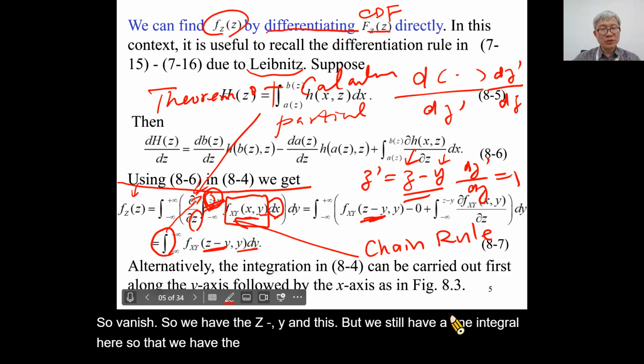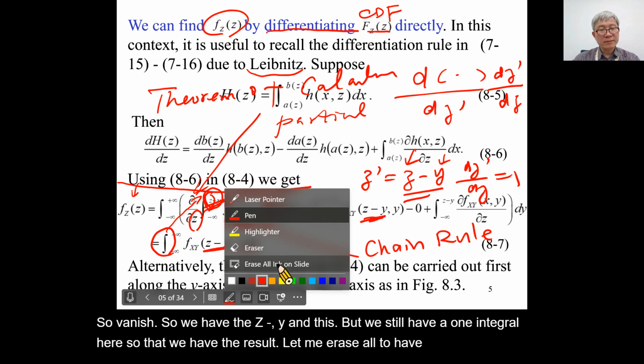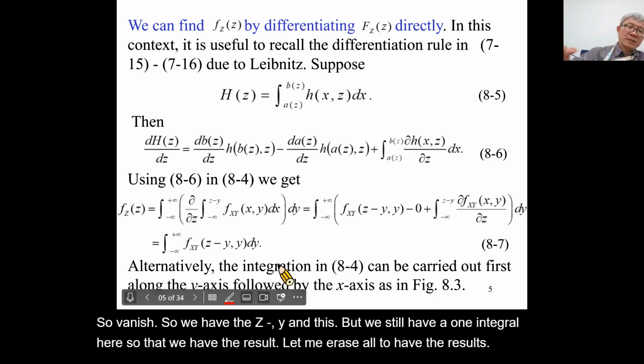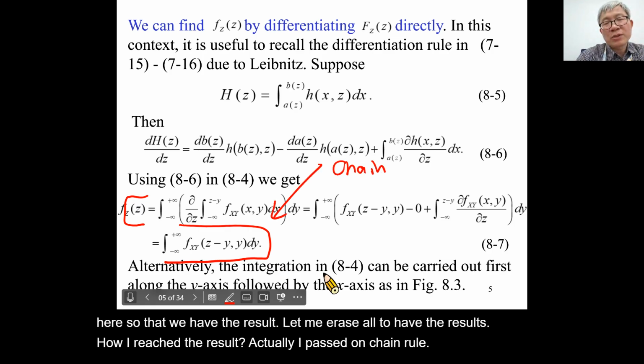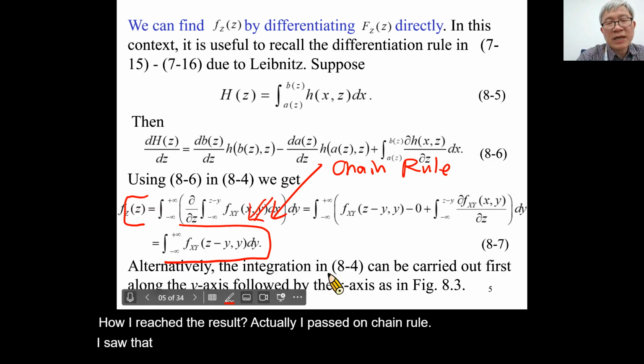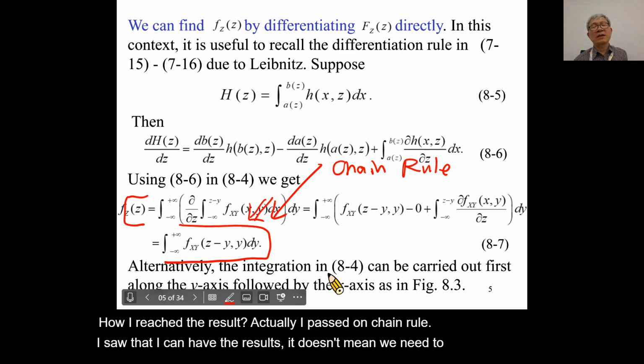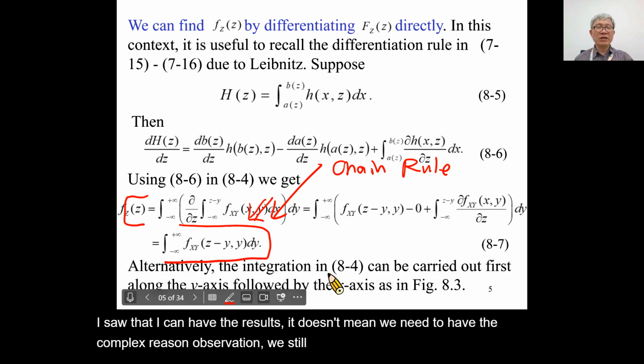Let me erase this to have the results. How did I reach the result? Actually, I based it on the chain rule, and so I can have the results. It doesn't mean we need to have the complex reasoning of derivation; we still can have the derivation.